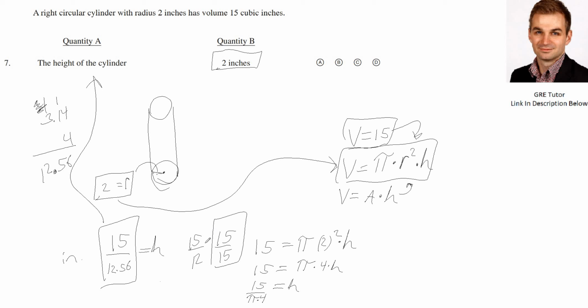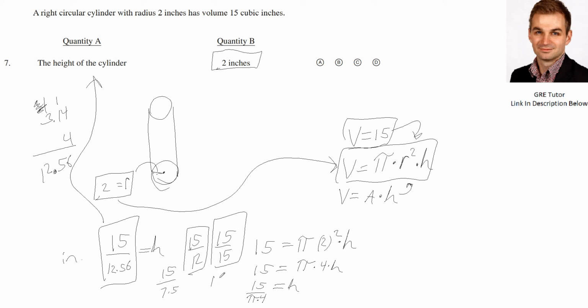You've got a little bit over 1, but it would be something like 15 over 7.5 that gets you all the way to 2. 7.5 times 2 equals 15, and 12 times 2 is 24, which is way more than 15. So whatever this value is, it's between 1 and 2.